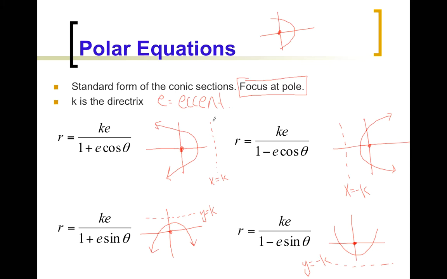It just comes down to what is e. We need to know the eccentricity in order to figure out what type of conic section it is. And then eventually we're going to be converting between polar mode and rectangular mode.